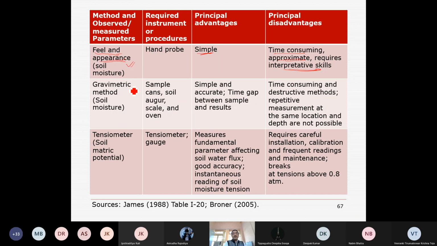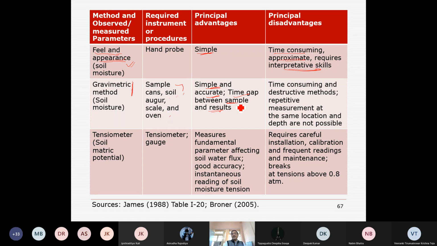Then you can measure the soil moisture by using the gravimetric method. We need a lot of lab facilities, instruments like soil auger, scale, oven, etc. Though the principle is simple and accurate, we need to go for destructive sampling and it requires time.